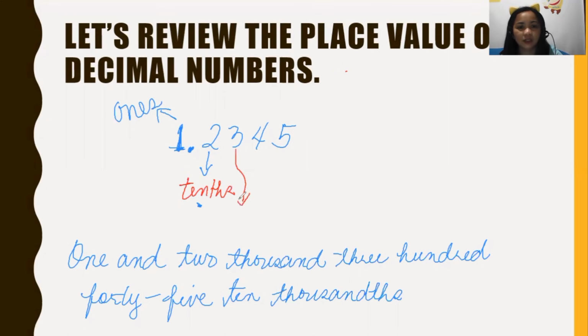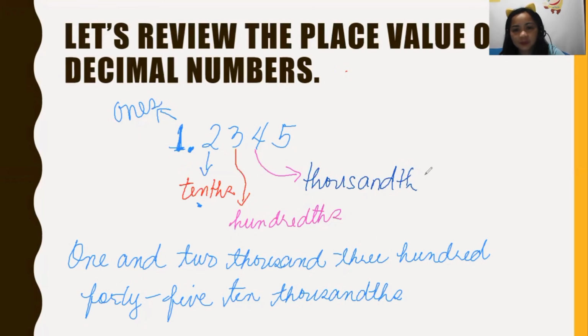Place value of 3 is hundredths. Ang pangit ng sulat ni ma'am. And the place value of 4 is thousandths. And the place value of 5 is 10,000ths.